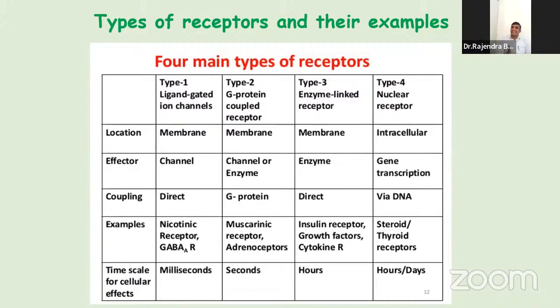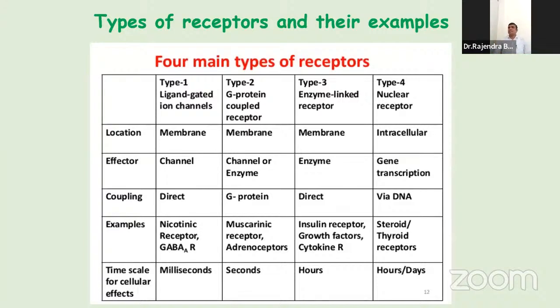When a drug activates the receptor to produce effect, but in the opposite direction of a well-recognized agonist, that is called an inverse agonist.